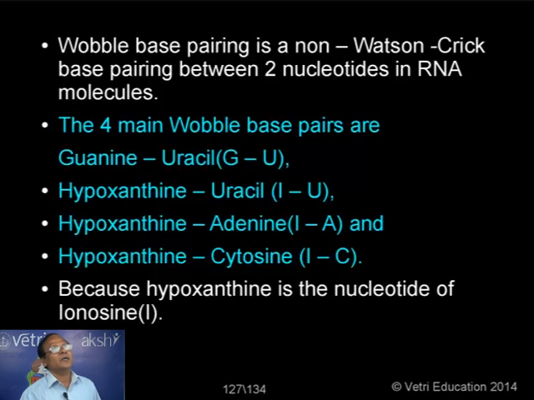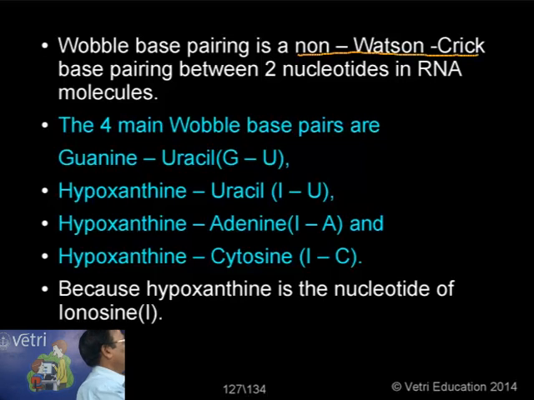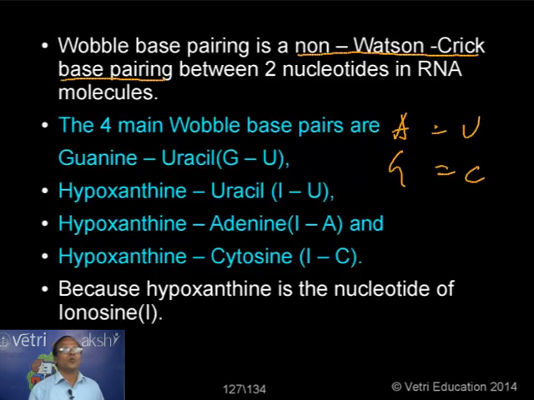It is nothing but a base pairing process, a non-Watson-Crick base pair. In Watson-Crick base pairing, A always forms a pair with U, and G always forms a pair with C. This is what is called normal Watson-Crick base pairing, during the transcription process. But in the case of Wobble base pairing, what will happen? It is a non-Watson-Crick base pair.